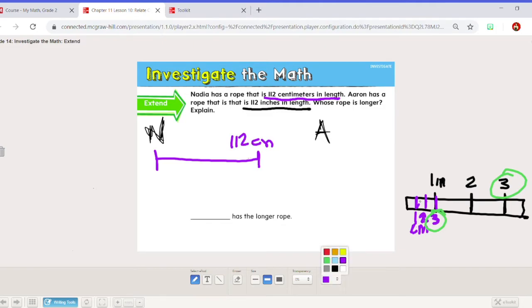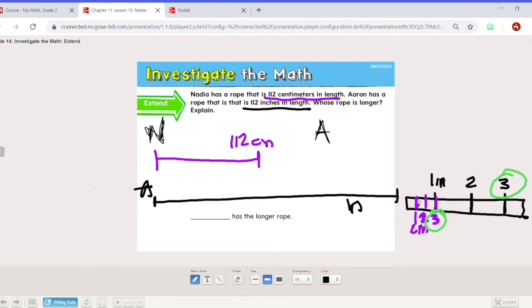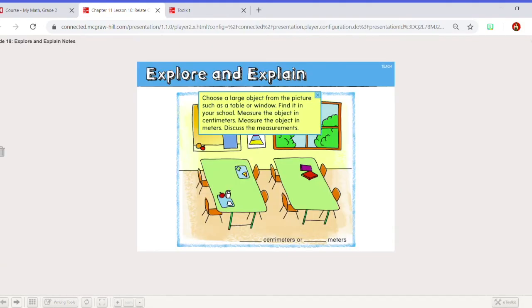And I'm going to move the A for Aaron's rope down here so we can line them up. In inches, 112 inches would be much longer because of the scale we looked at earlier. So, Aaron has the longer rope.